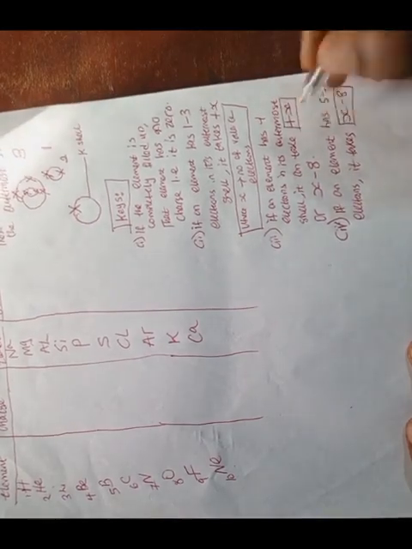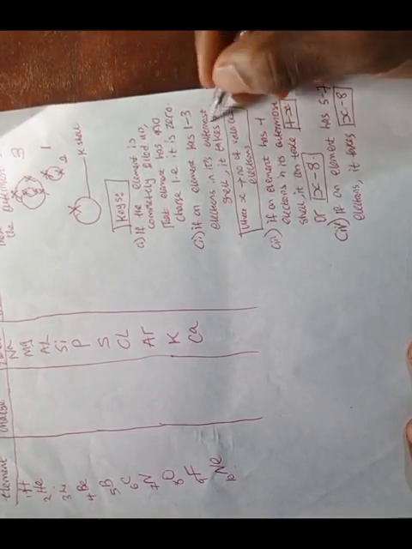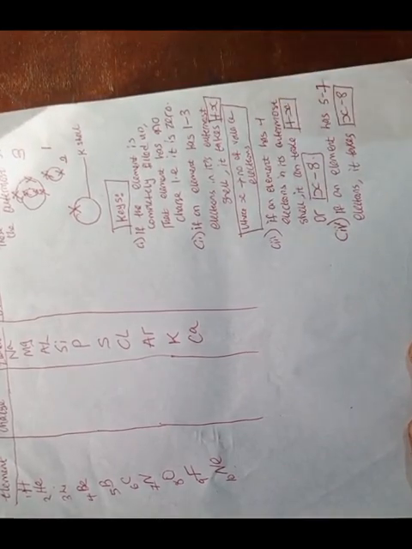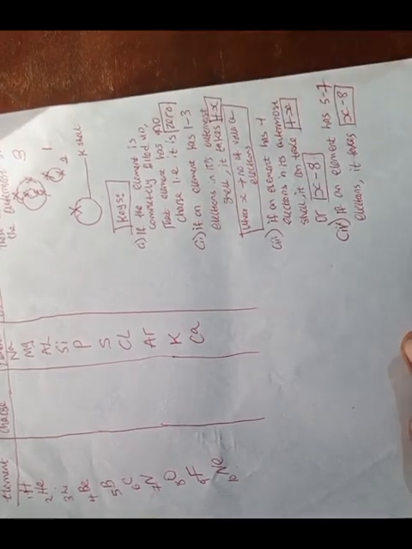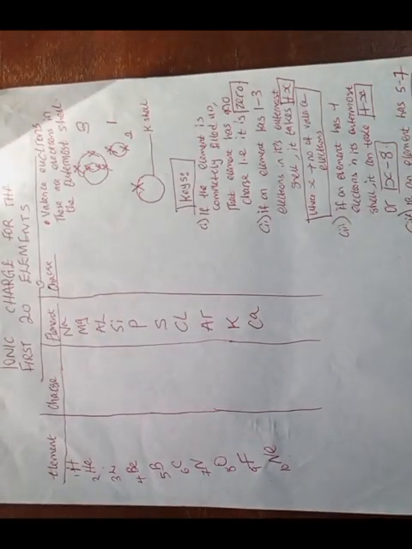This one can take positive X or X minus 8, and this takes positive X, and this is 0. So these are the key terms we need in deriving our respective charges for the element.